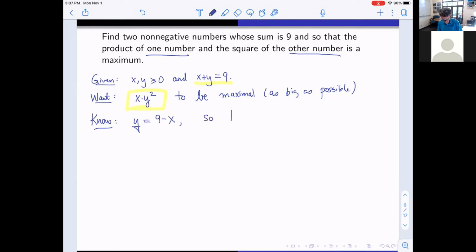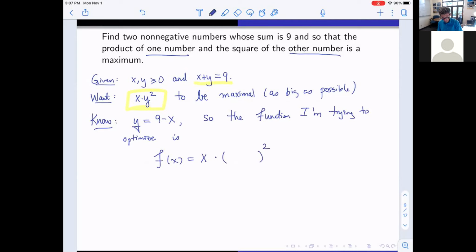And so the function I'm trying to optimize is, I'll call it f of x. Well, I know it's going to be x times y squared.